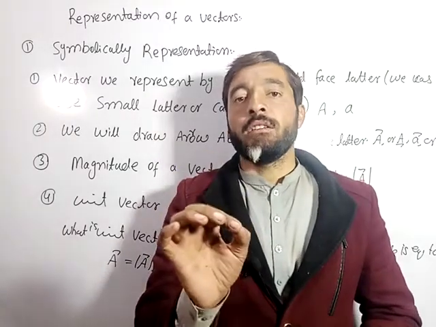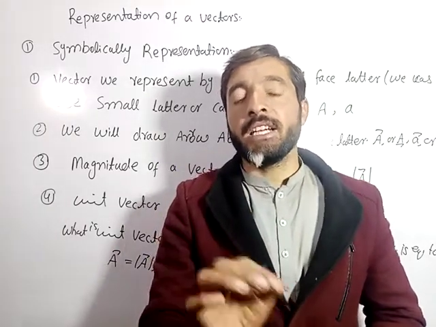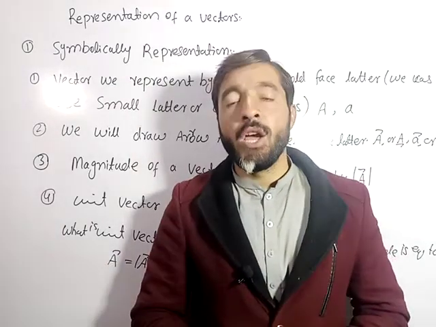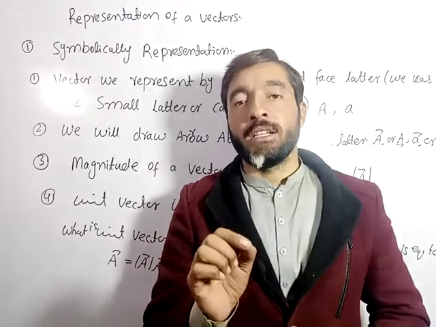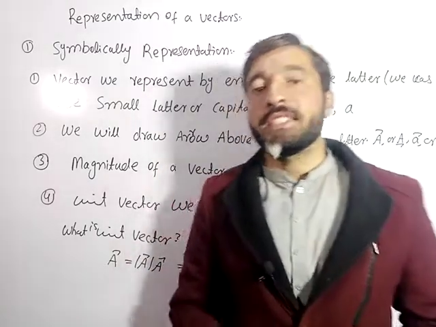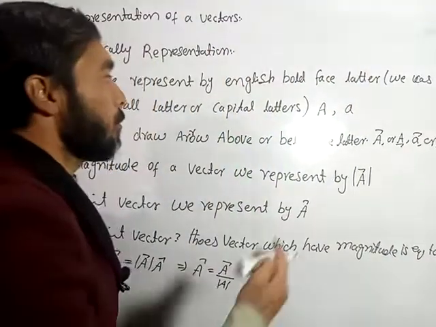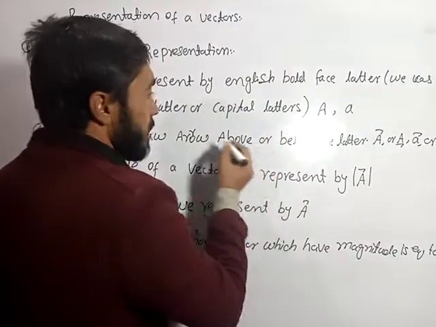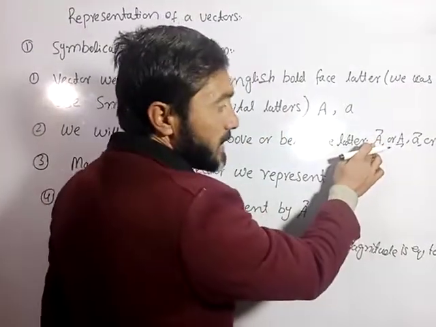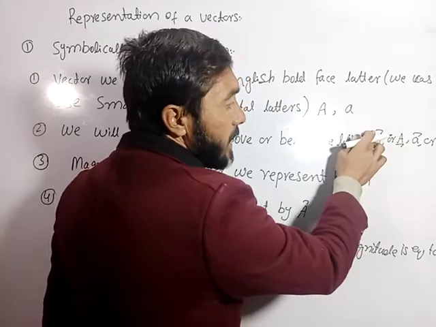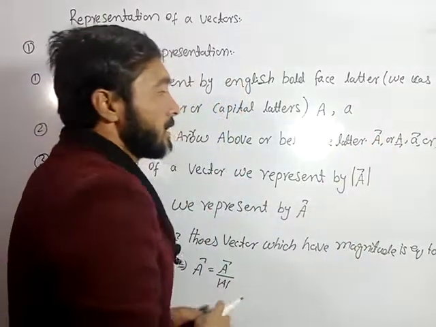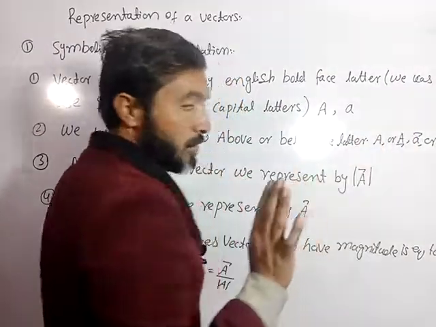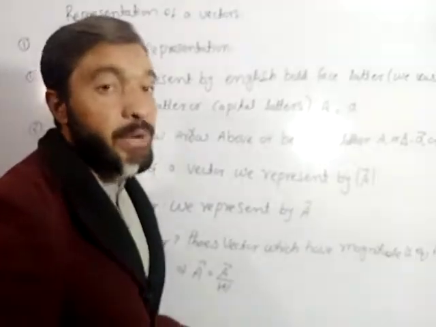If we write a simple English letter, small or capital, we draw an arrow above or below the letter. So we can say that this is our vector. For example, this is our vector A. We draw an arrow above the A. So this is A only, not a vector quantity.